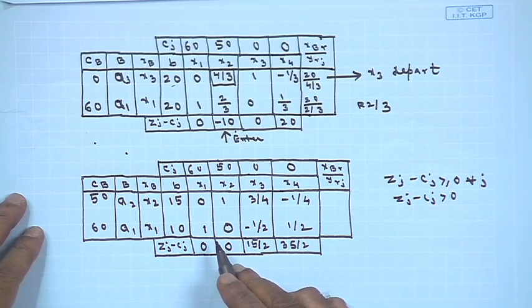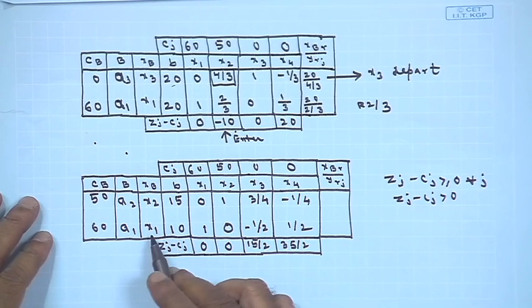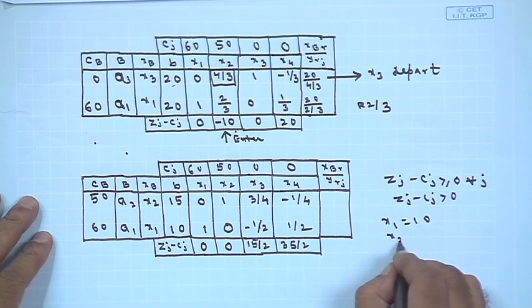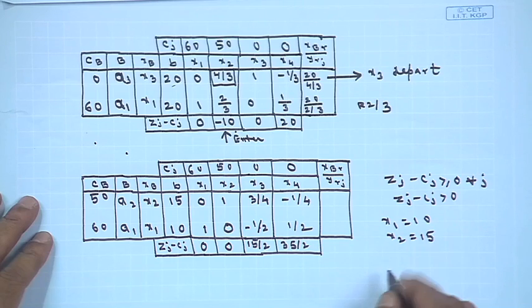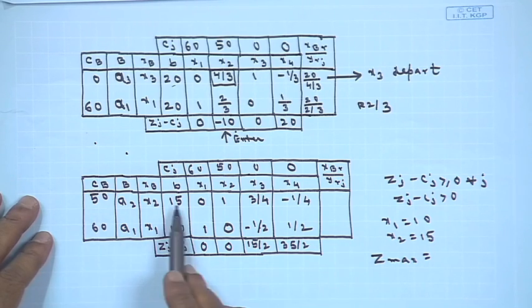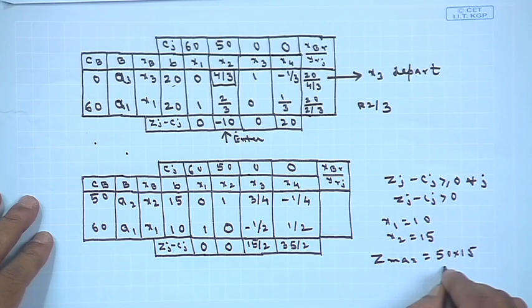What will be the optimum value? The optimum value you can obtain from here, that is x1 will take the b value, that is x1 equals 10, x2 equals 15, and the value of z max you can obtain by calculating these values, that is this into this plus this into this. 50 into 15 plus 10 into 60.